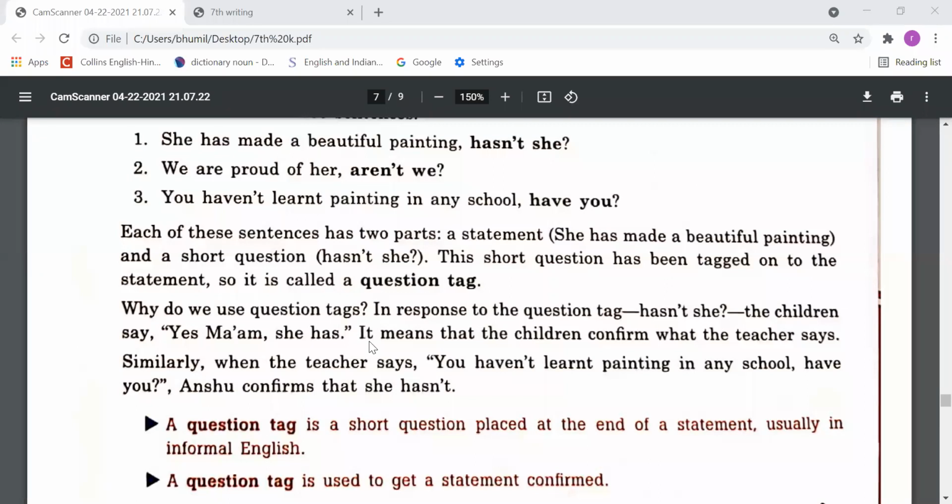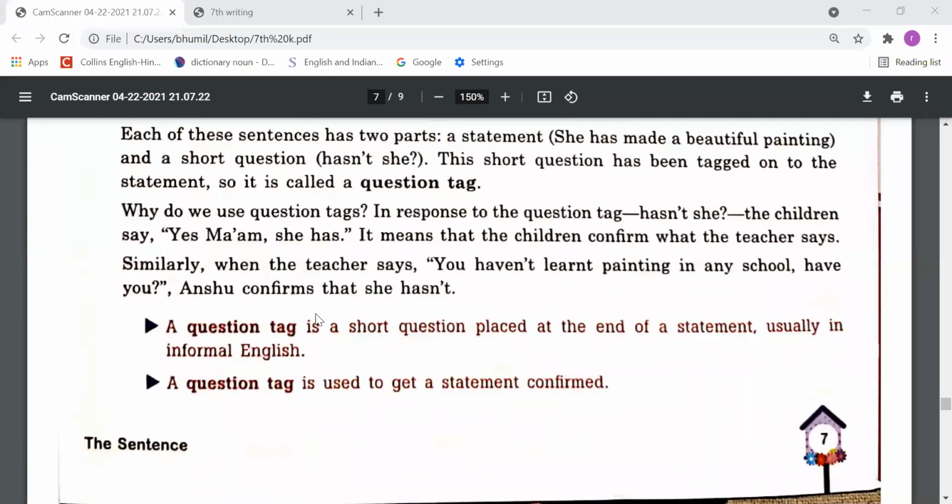Suppose you say to your friend, you are my friend, aren't you? Firstly, you are giving the statement, you are telling him, you are my friend. Then, just to confirm your statement, you add the question tag, aren't you? Next point, similarly, when the teacher says you haven't learnt painting in any school, have you?